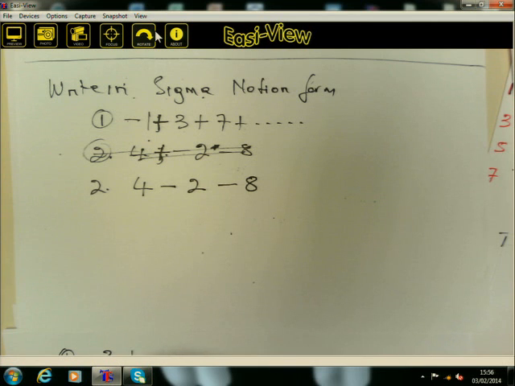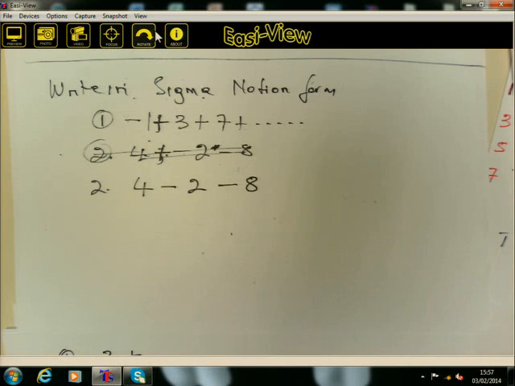The first one is given as -1 plus 3 plus 7 plus, and we want to write it in sigma notation. The very first thing that we need to do is get our general term. In this case, A is equal to -1. What is D?